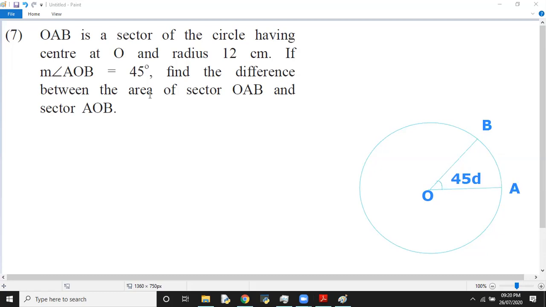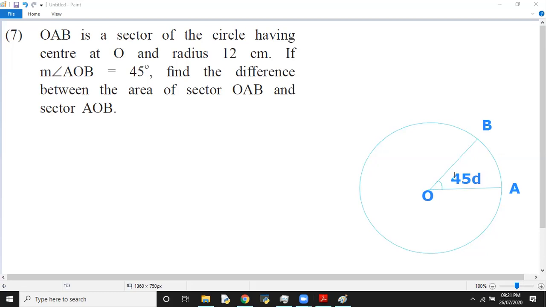Then there are two sectors given. OAB is a sector, and measured angle AOB is the measured angle of sector OAB, and the other is sector AOB.